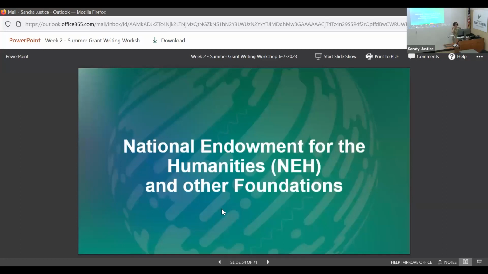National Endowment for the Humanities and other foundations. I put it this way on this slide so that it reminds me that when you look at the pie chart for all federal funding, you're looking at this big pie chart and it says Department of Defense, it's a big triangle. And you say National Institutes of Health and Department of Health and Human Services, big triangle.